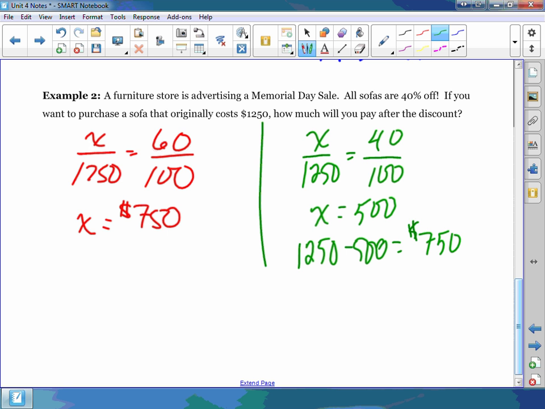And obviously, a lot of us prefer the proportional way, equation way. No problem doing it that way. On this one, you're going to do 1250 times 0.6. Over here, you're going to do 1250 times 0.4, and then subtract it. But either way works, for certain. All right, turn over. A couple more, and then we're good.